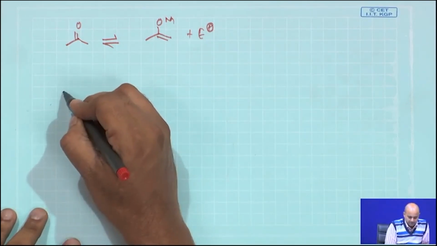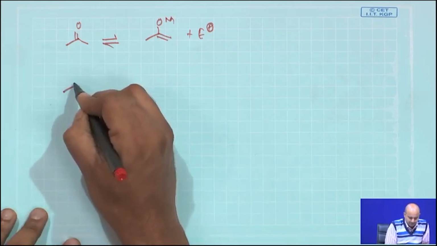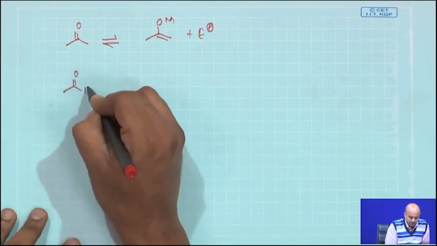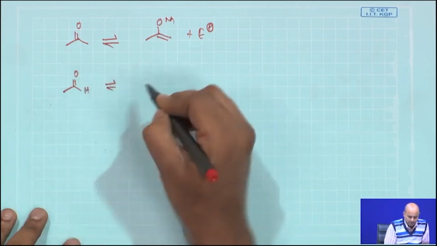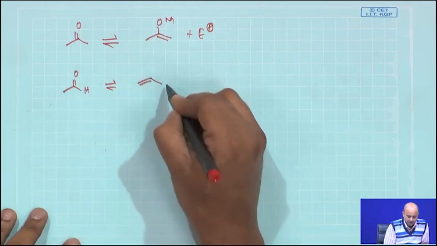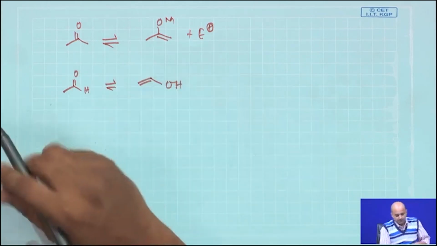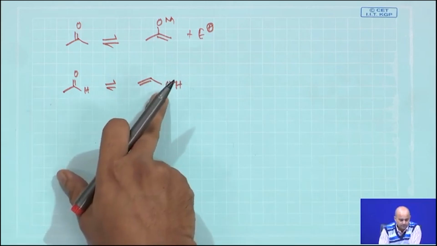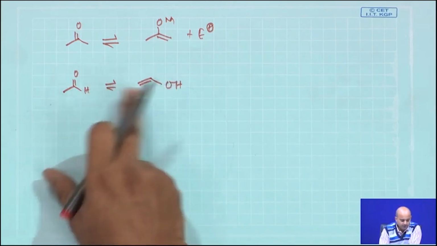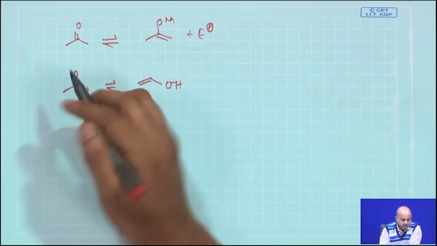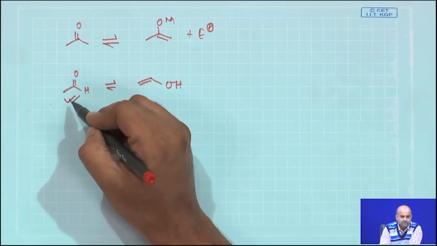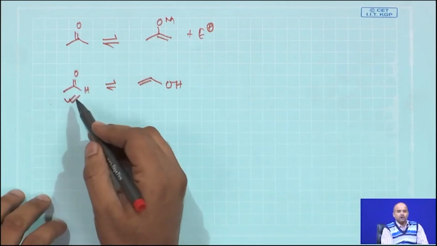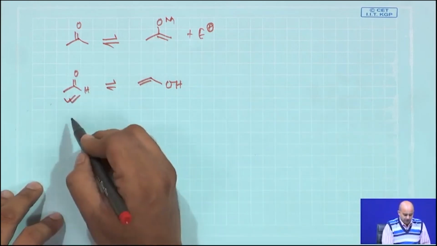is a tricky situation. Acetaldehyde will definitely enolize and give you a vinylic alcohol. Now, vinylic alcohol is very unstable, so this compound will try to remain in the keto form most of the time.